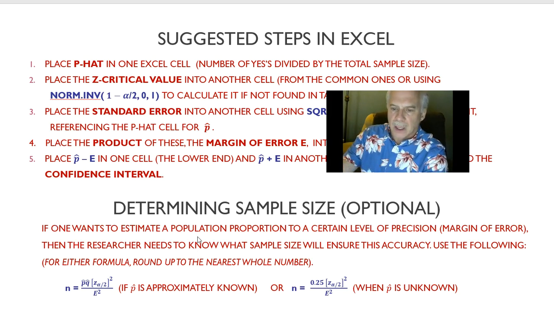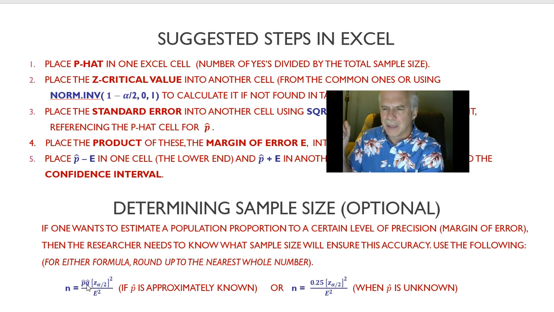Well, you need to either know what p hat is, the approximate number of women, or use this second formula over here. So if you knew what p hat is, let's say you knew that there's approximately 70% of women at Mercer or 60% of women at Mercer.